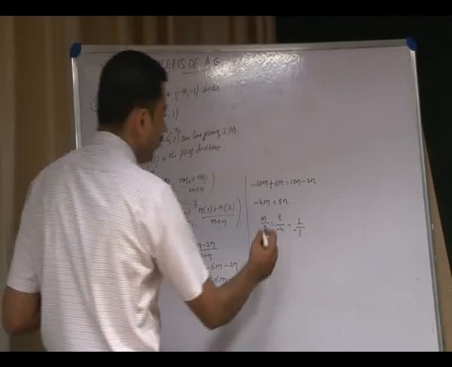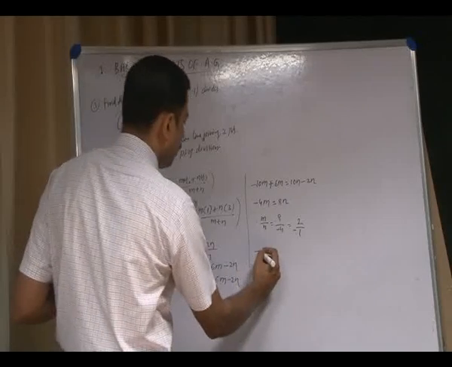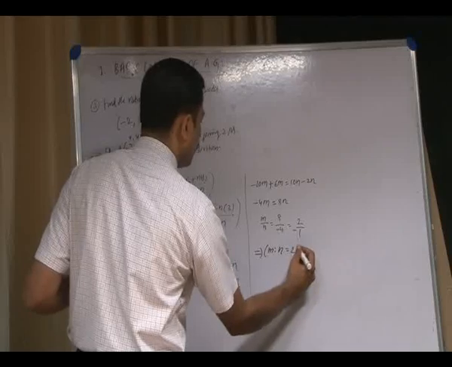So, therefore, m by n is equal to minus 2 by 1, that implies m is to n ratio is 2 is to 1.